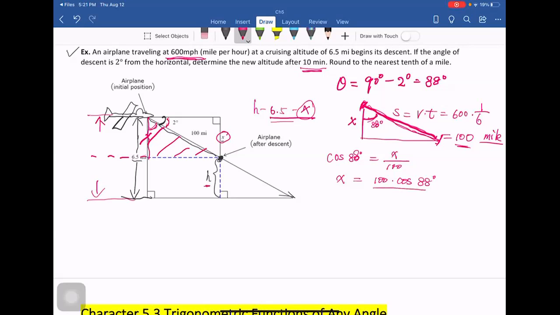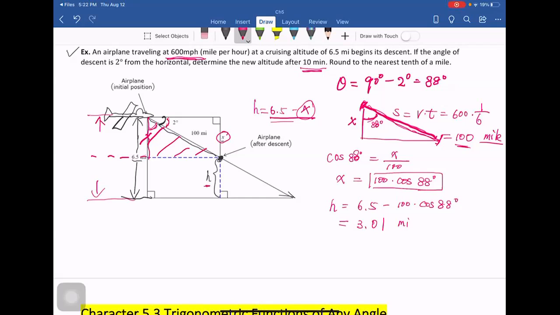Just leave the number there and use a calculator to find it. If I know x, then h equals 6.5 minus 100 times cosine 88. So we find h. That's about 3.01 miles.